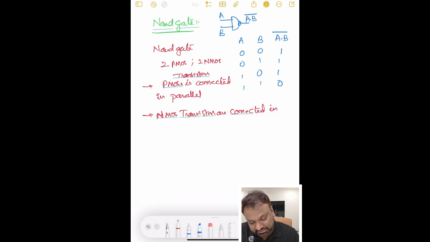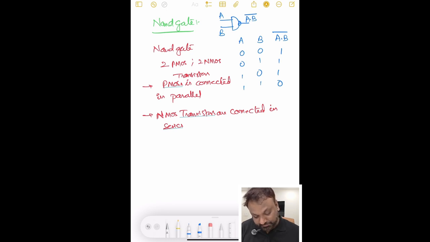So you know the PMOS transistors are always above the demarcation line, and the NMOS transistors are below the demarcation line. We'll try to draw the diagram here.